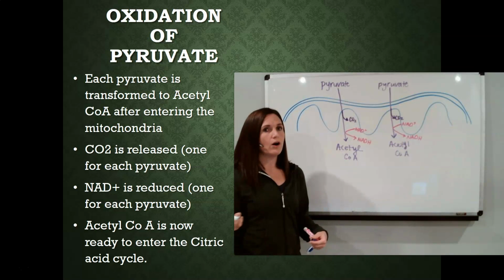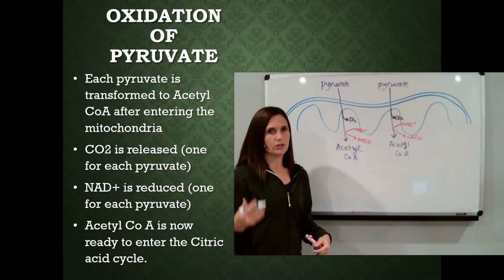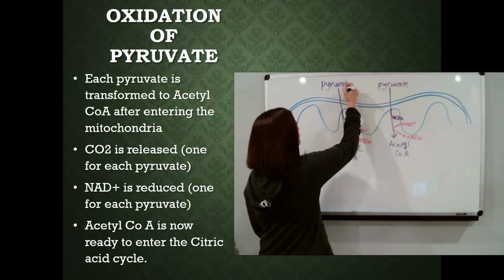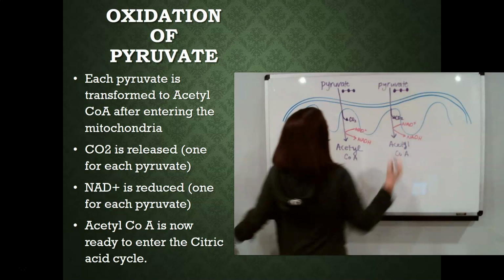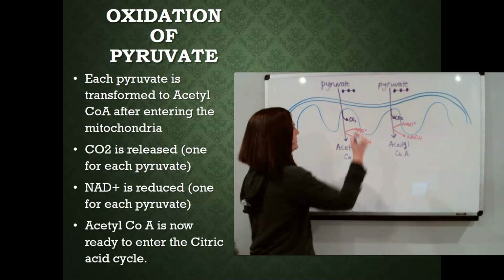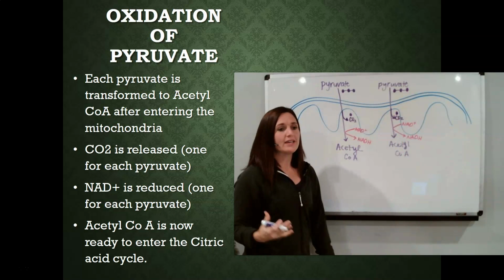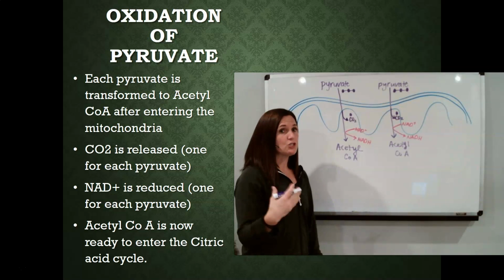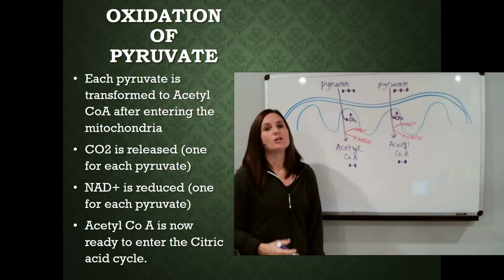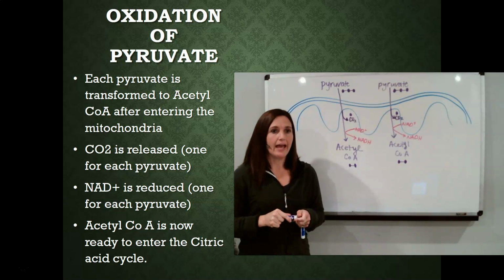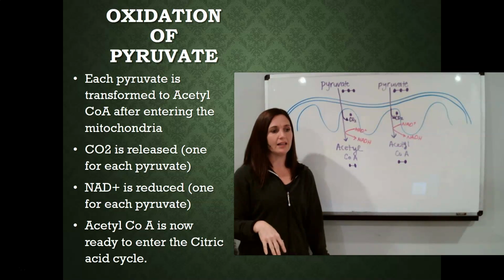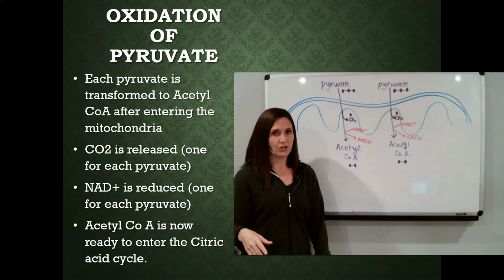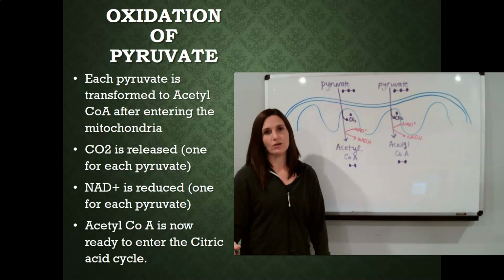So if you recall, glucose had 6 carbons, and pyruvate has 3, but it just lost 1. So guess what? That means that acetyl coenzyme A has only 2 carbons left. So once acetyl coenzyme A has made it into the cell, it is now ready to enter the citric acid cycle, or the Krebs cycle.